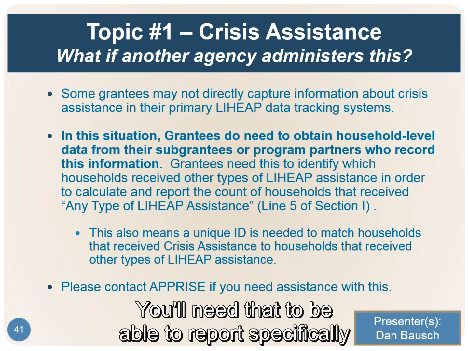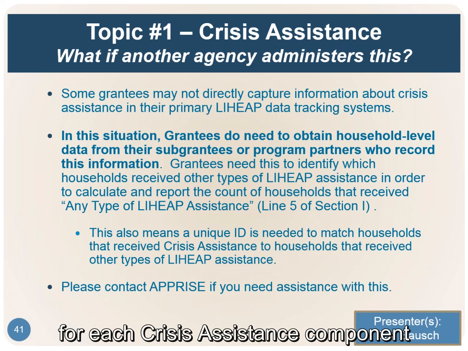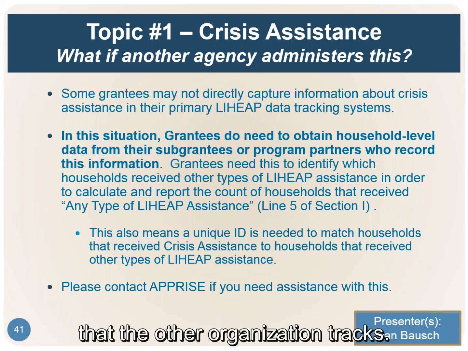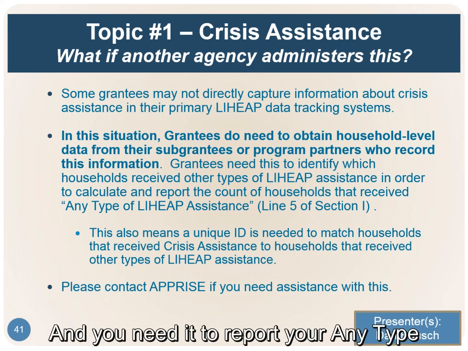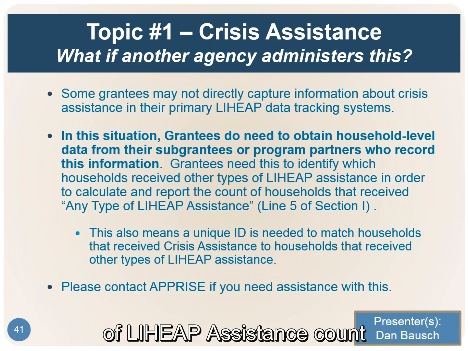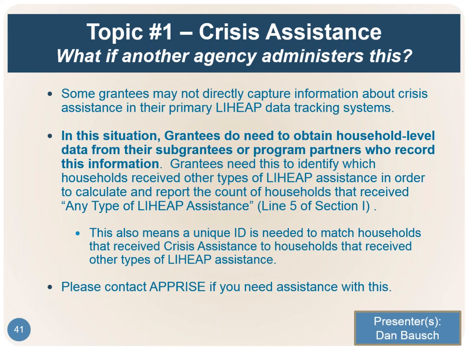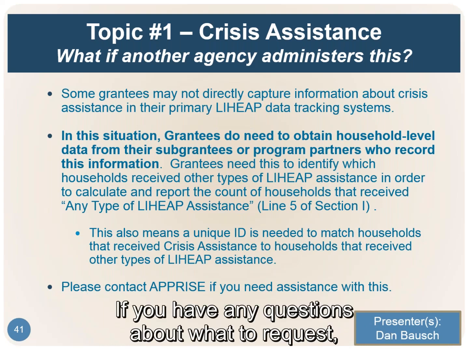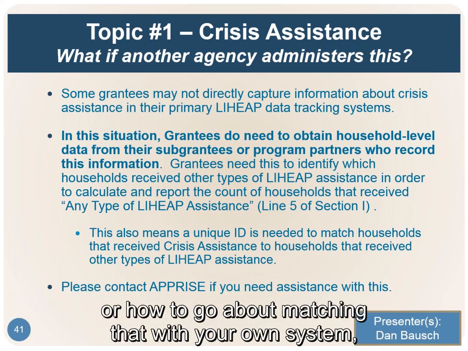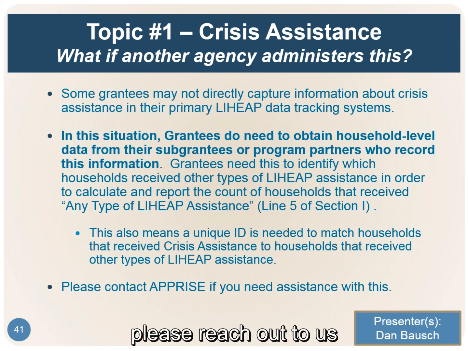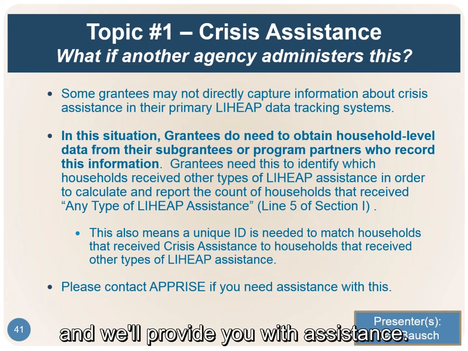You'll need that to be able to report specifically for each crisis assistance component that the other organization tracks, and you need it to report any type of LIHEAP assistance count that we're going to talk about shortly. If you have any questions about what to request or how to go about matching that with your own system, please reach out to us and we'll provide you with assistance.